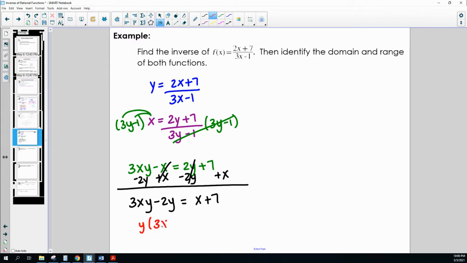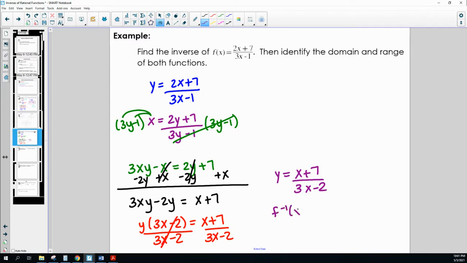So we'll get y times (3x - 2) equals x plus 7. And then to get y alone, we'll divide by 3x minus 2. So these cancel out now. So we have y equals (x + 7)/(3x - 2), and we're just going to change the y to be the inverse of f. So the inverse of f is equal to (x + 7)/(3x - 2).